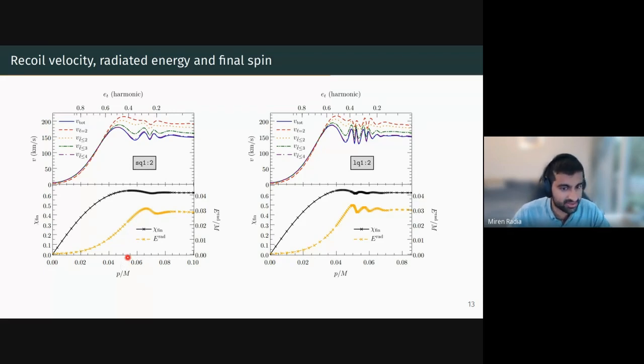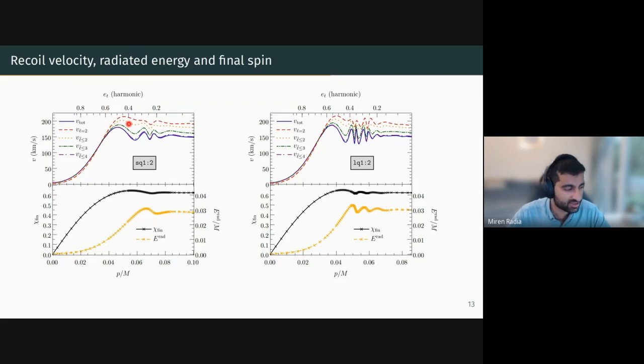The reason we added the long sequence was to check whether these oscillations were due to the short inspiral phase of the shorter sequences. But remarkably, you can see in the longer sequence that there are even more oscillations and they look even more pronounced here.